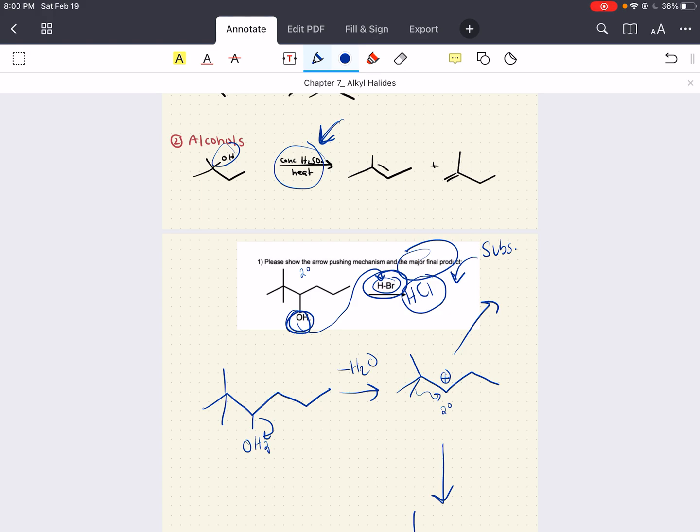We're not dealing with alkyl halides now, we're dealing with alcohols. So if you have alcohol groups in your starting material and you're treating it with some sort of HX acid, you want to think substitution reaction.